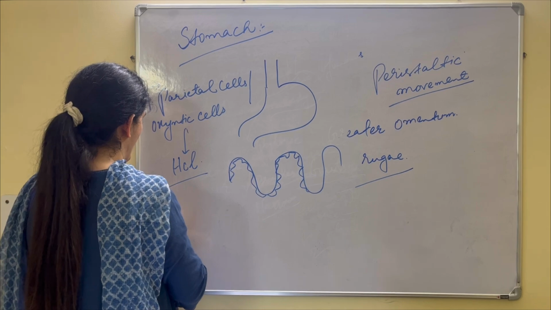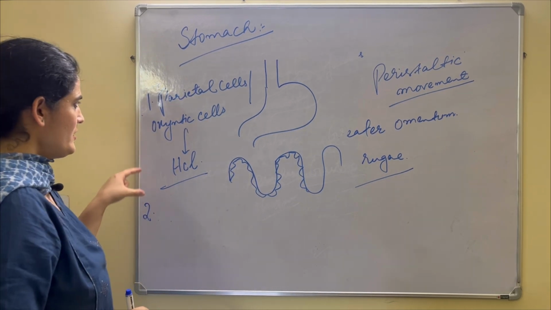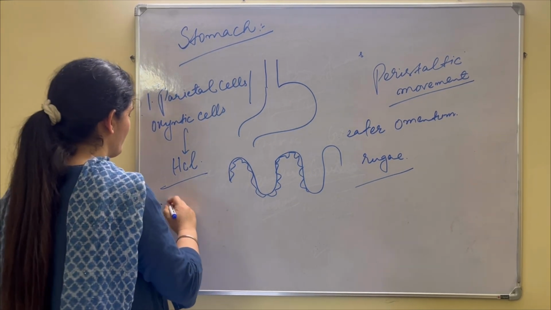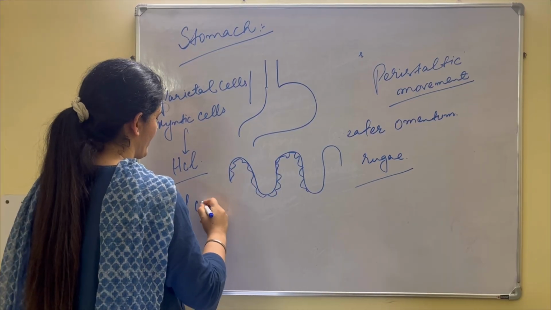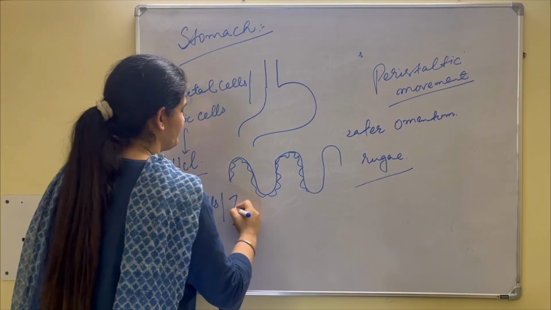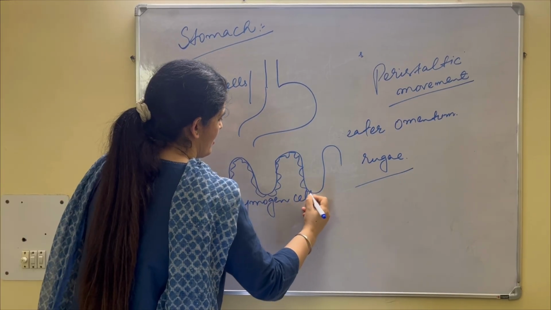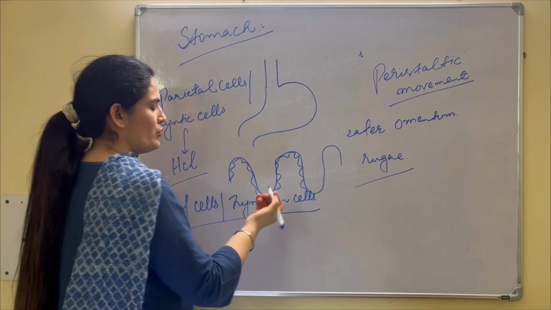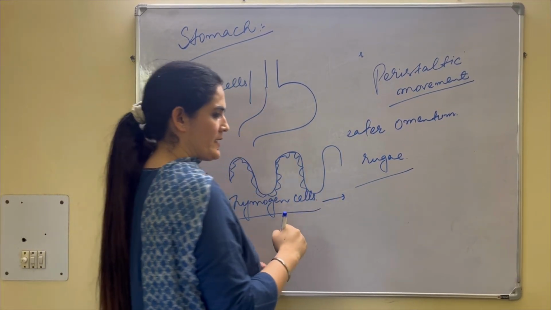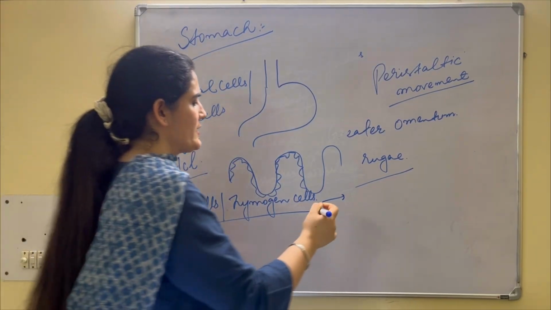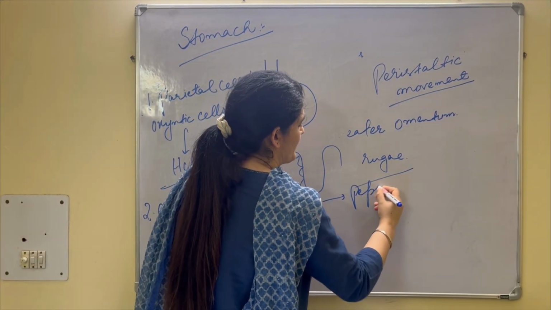And second, we have chief cells or zymogen cells. Now what do these cells do? These chief cells, zymogen cells, release some digestive enzymes, which is pepsinogen.